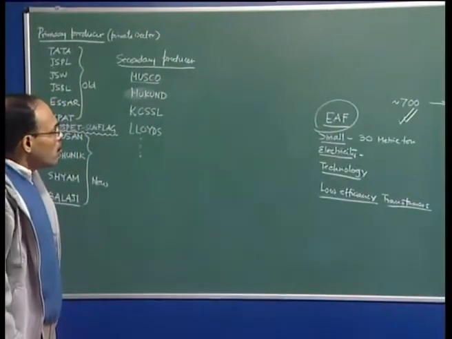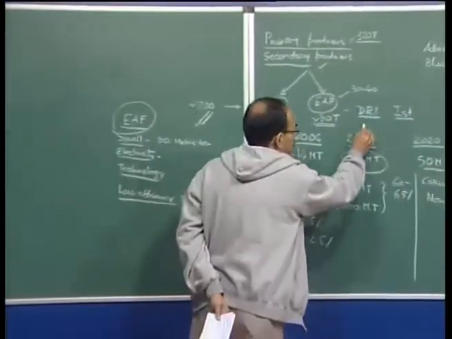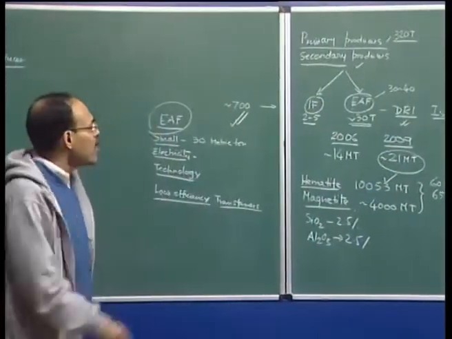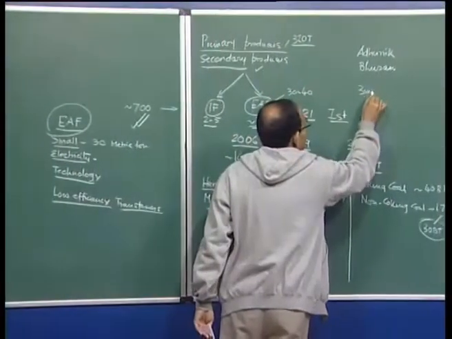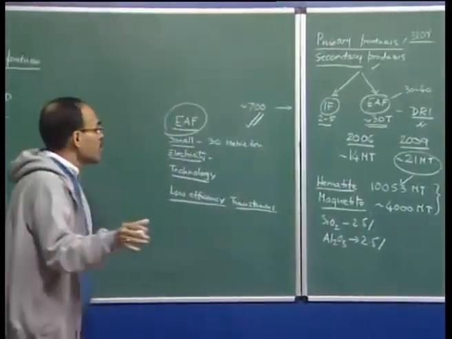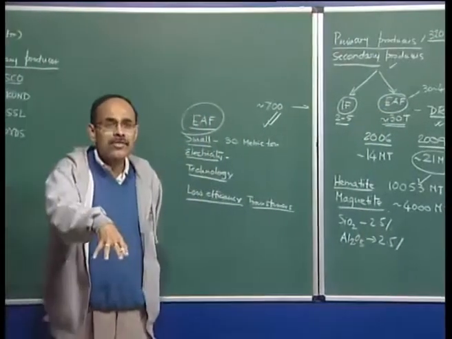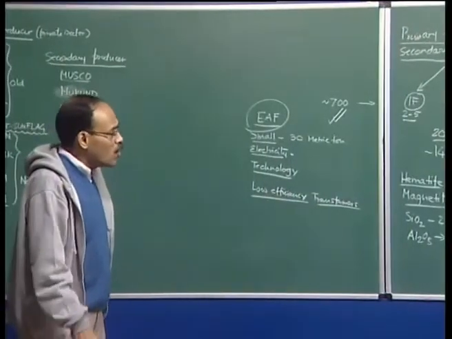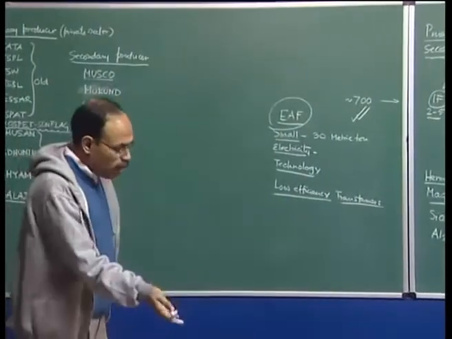Also, one important aspect is that when you produce DRIs, you produce DRI fines. And people have found that in the induction furnace, those DRI fines, we are talking about 3 millimeter size, cannot really be charged into the EAF, because when you strike the arc from the electrodes, there is going to be a tremendous amount of splashing and fume gas evolution.